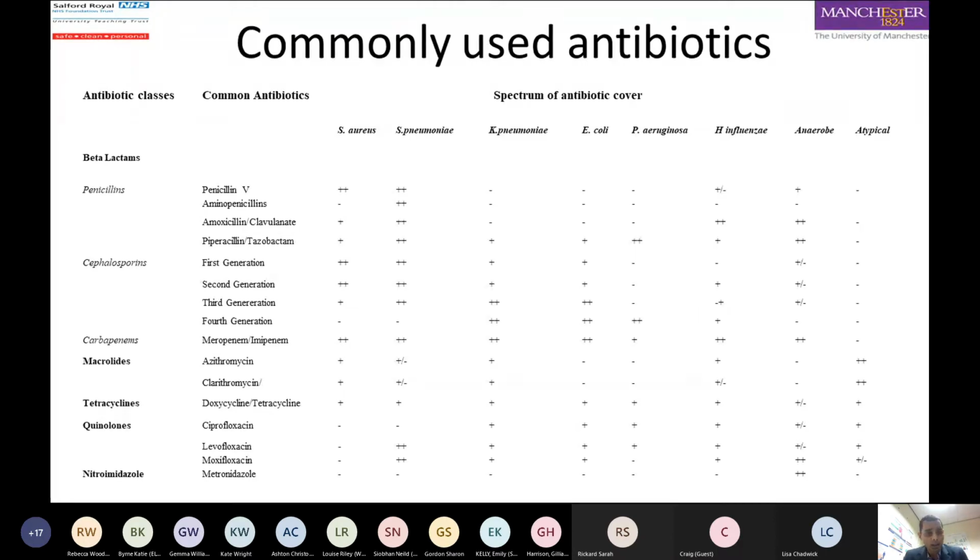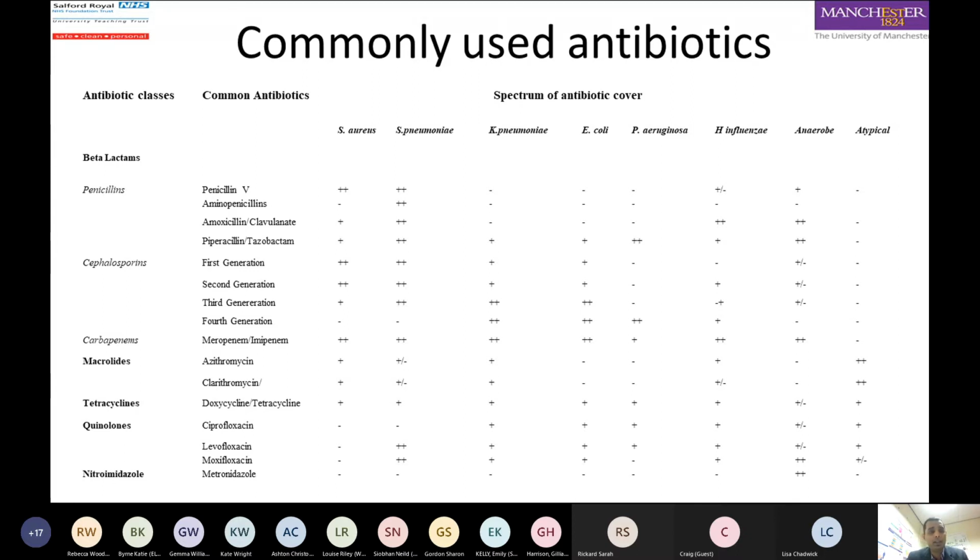So I looked at the spectrum of antibiotic cover for the top 8 organisms in pneumonia. This is quite a busy slide, but to summarize, the beta-lactams seem to be the mainstay for most hospitalized community-acquired pneumonia as a first choice of treatment. You can see that the beta-lactam antibiotics have a largely gram-positive cover, with Strep pneumoniae and Staph aureus being well covered.